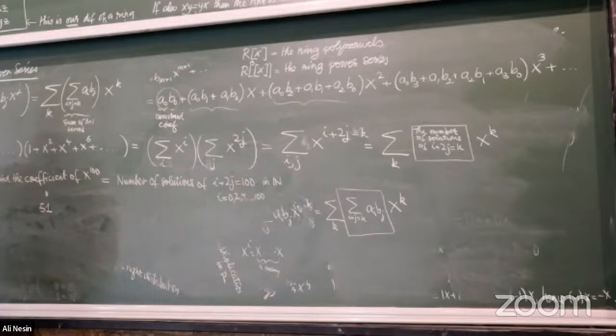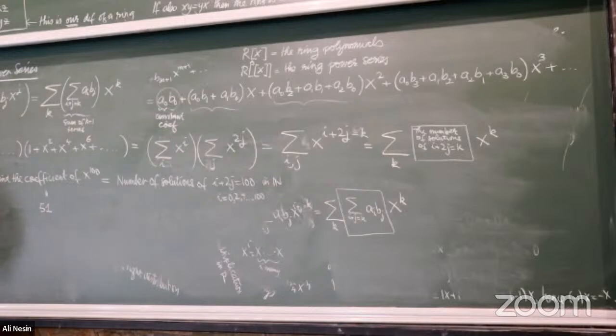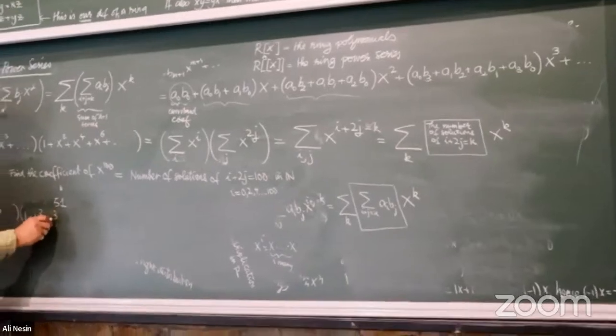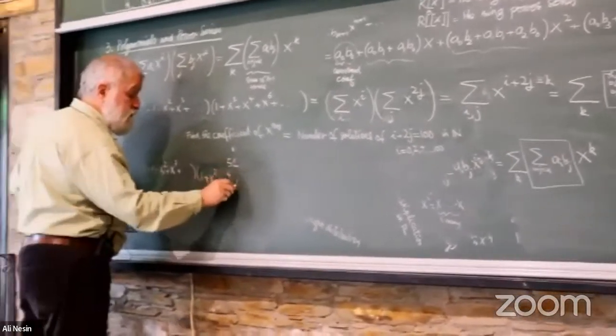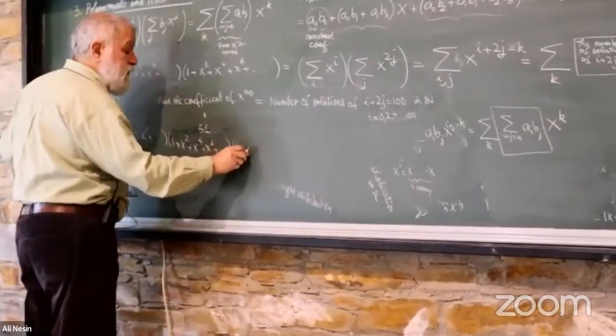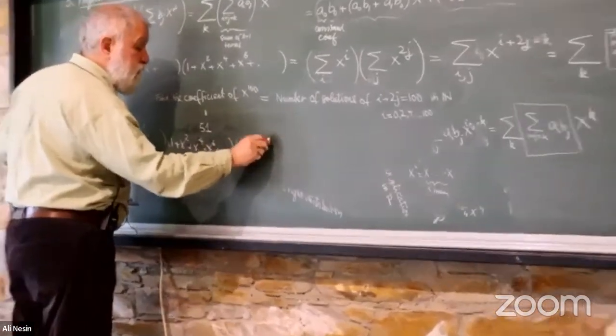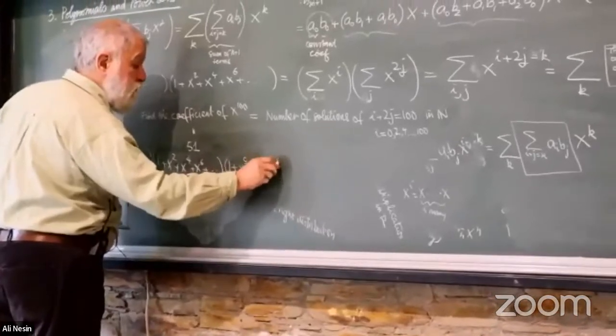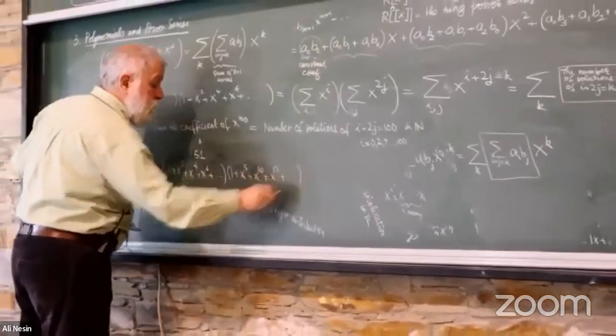Let's do this, for example: 1 plus x squared plus x cubed and so on. You multiply this with 1 plus x squared plus x cubed, x to the 4th plus x to the 6th and so on, even powers. And now let's take 1 plus x to the 5 plus x to the 10 plus x to the 15 and so on. We multiply that.